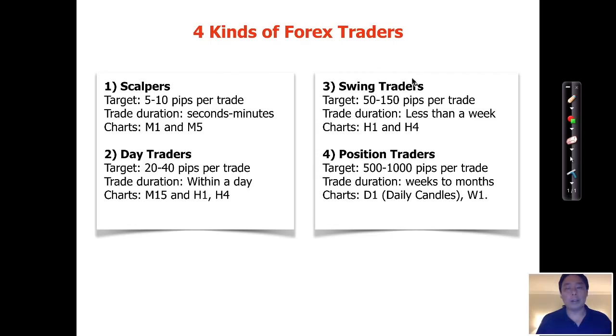Whereas swing traders take about a couple of days to close a trade, so they may not take as many trades. And position traders will take even fewer trades because their one trade lasts for a few weeks, months, or even years. Day traders would look at charts and analyze based on 15-minute candles, 1-hour candles, or 4-hour candles.